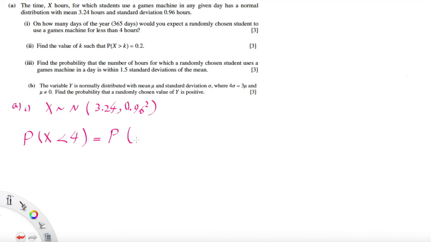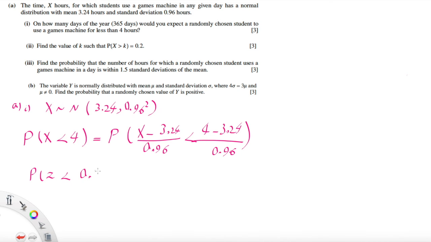First we need to standardize: x minus mu, which is 3.24, over 0.96, less than 4 minus 3.24 over 0.96, the standard deviation. So probability of z less than 0.7917 will be equal to 0.7858.